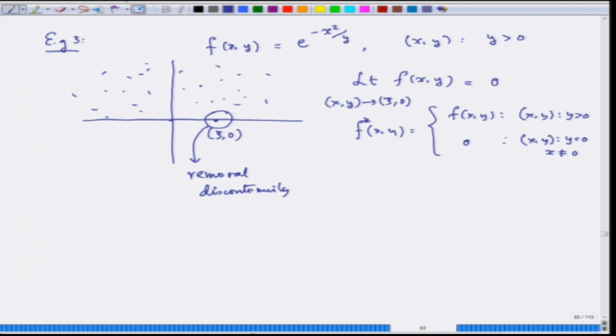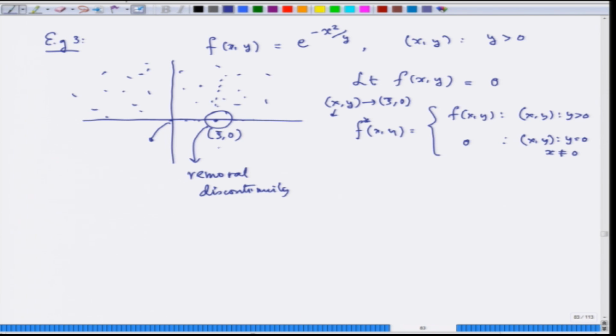At the point (0, 0), x cannot be 0 either. When I am taking the limit here, I am taking ξ to be a positive number, and I am approaching it from all these sides where x is a non-zero number.